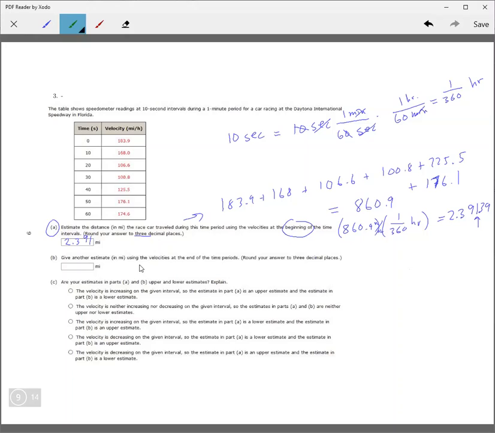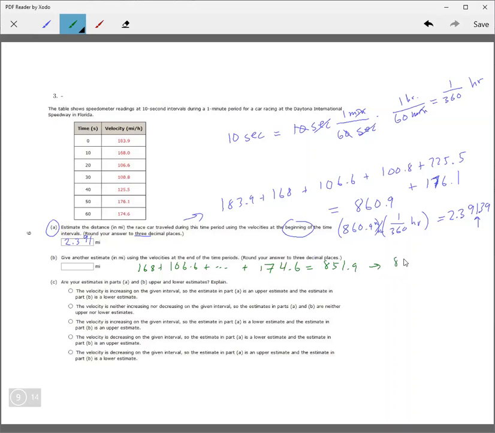So this one, you're going to add up 168 plus 106.6 all the way to the last one, okay? And those add up to 851.9.